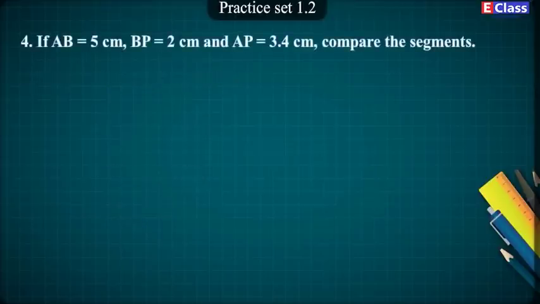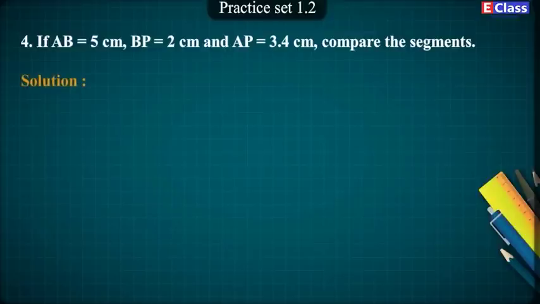4. If AB is equal to 5 centimeters, BP is equal to 2 centimeters, and AP is equal to 3.4 centimeters, compare the segments.